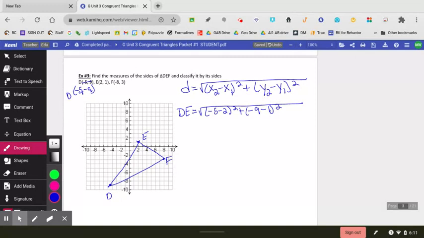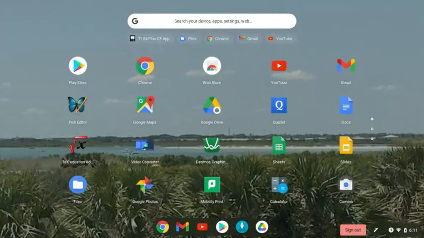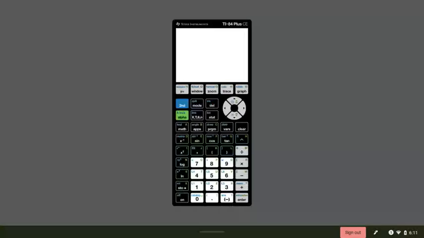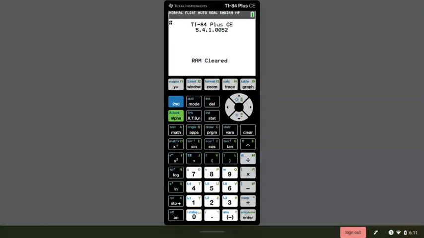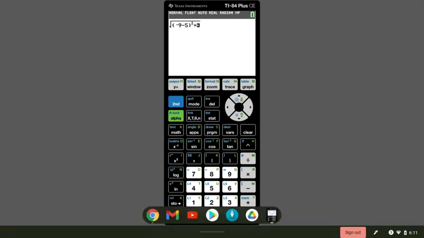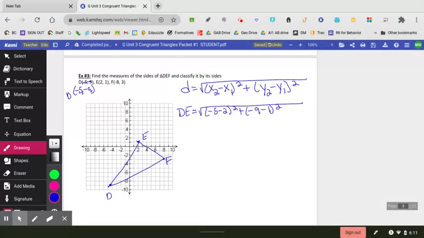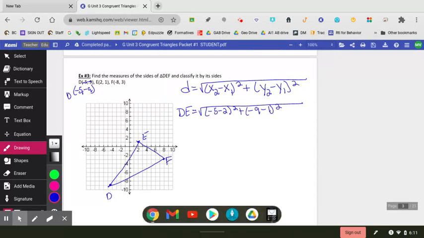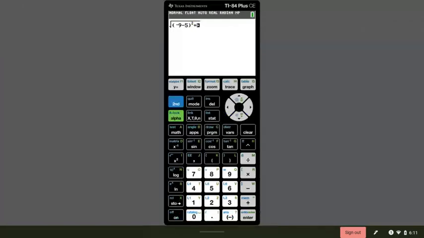And if you remember, your calculator will do that for you. So if I open up my calculator, I can do the square root of... I forgot the values. So it's -5, -2. Okay.